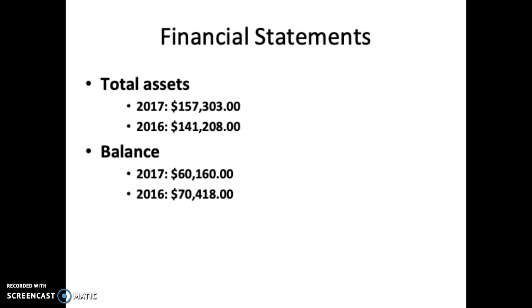So basically what that tells us is there was less of a balance between 2016 and 2017, which means the balance of the organization is trending downwards.